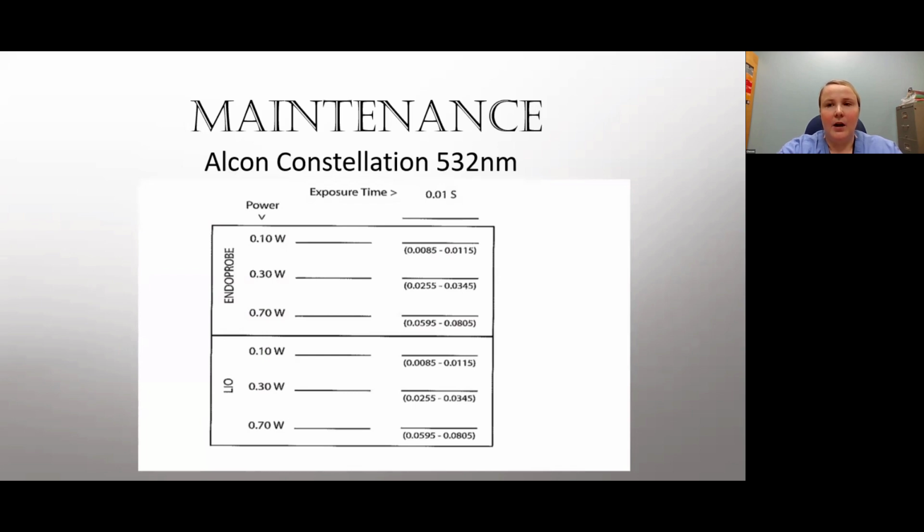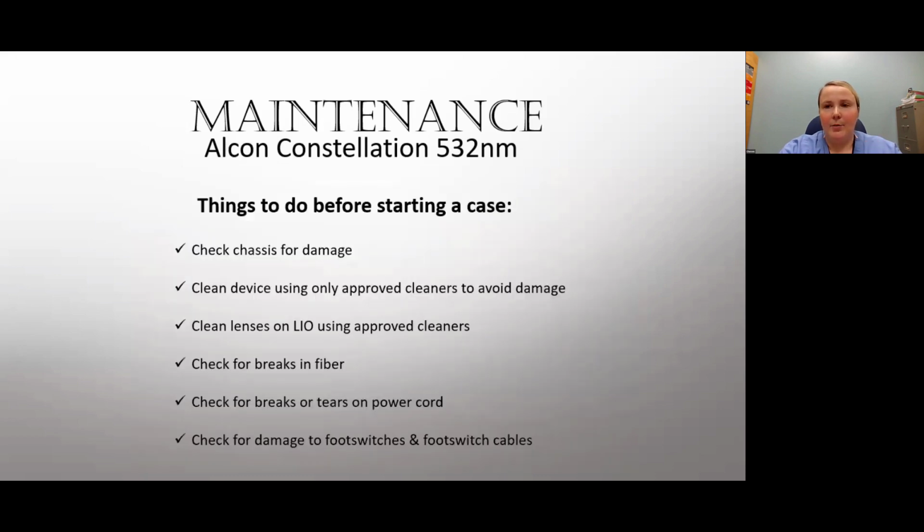If they're all within range, that means your laser is putting out output properly. If not, then there's other issues going on. Could be your fiber, could be your laser in general in the machine, many different issues like that. But that's how you do a normal checkout for the Alcon Constellation, making sure your power output is coming out properly.